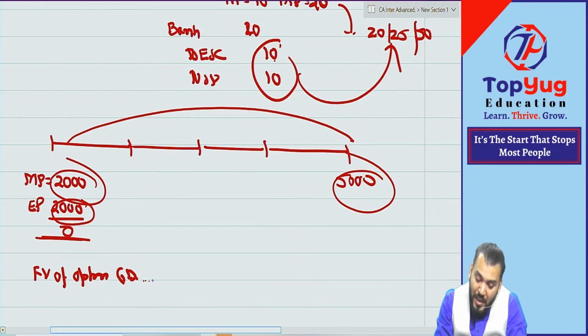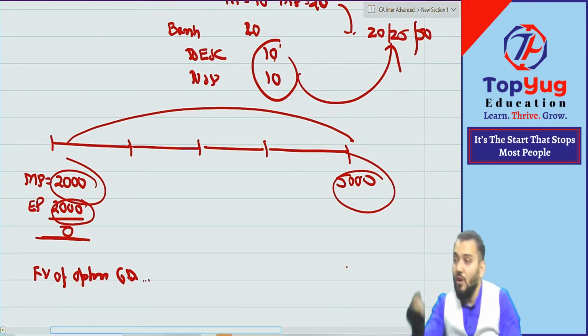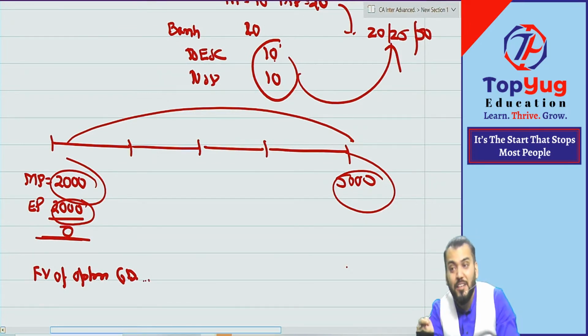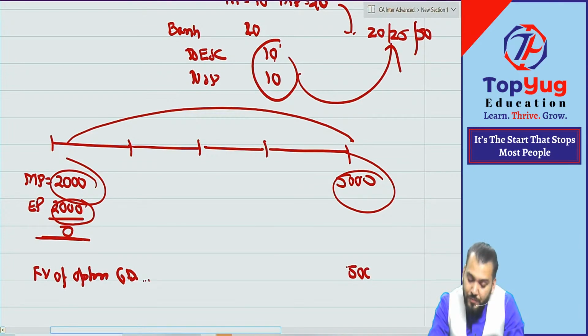So how to calculate fair value of option? You need to estimate the market price on exercise day. Means on grant day, you need to estimate what can be the market price of shares on exercise day. Suppose you estimated 5,000. This is expected market price.